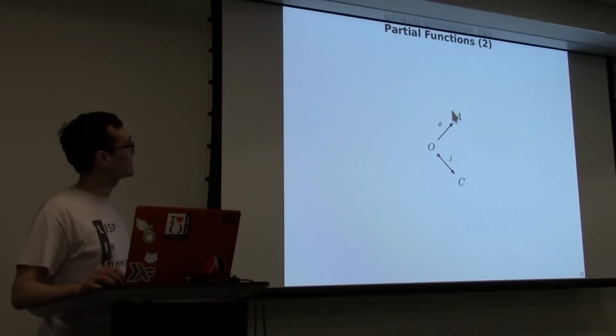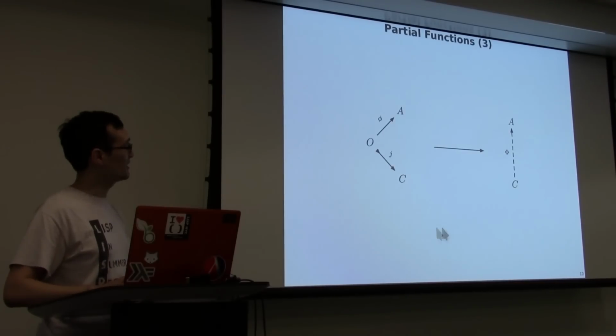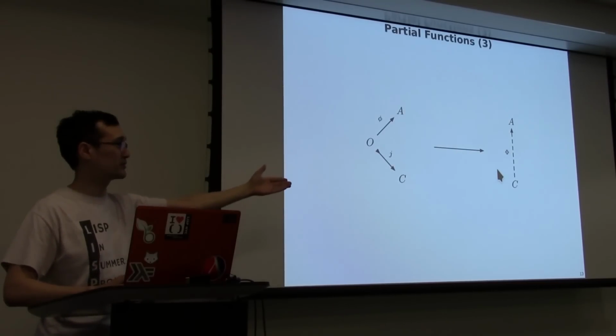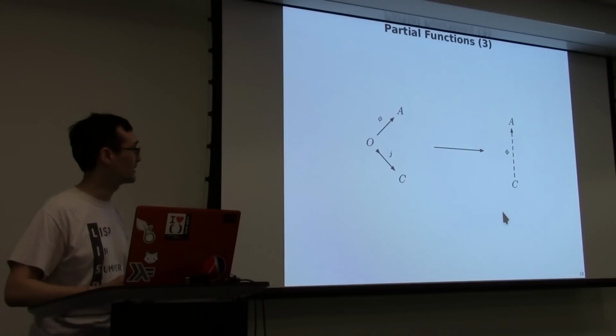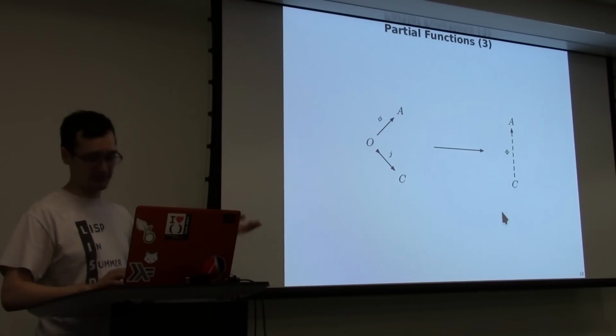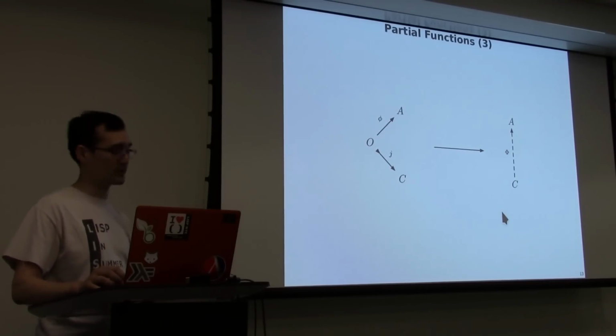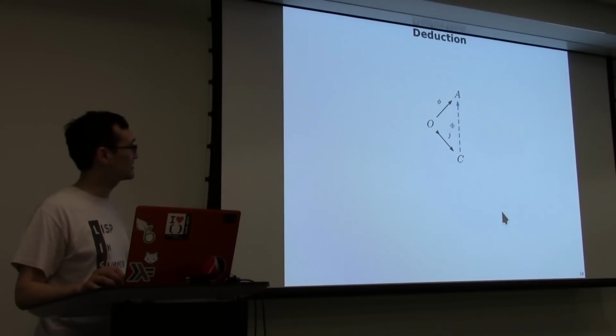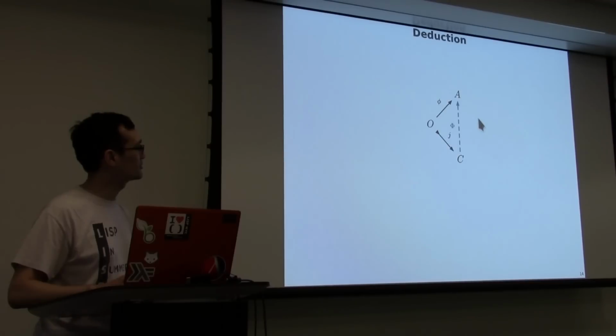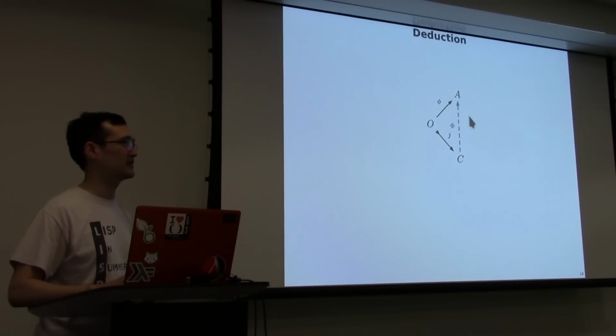And so I can write that this way, where if I have this, I have that. That's the introduction schema for the diagram for introducing the partial function. Or I can write it this way. I don't know if you can see it. What I did is I put the conclusion in blue and the premises in black.